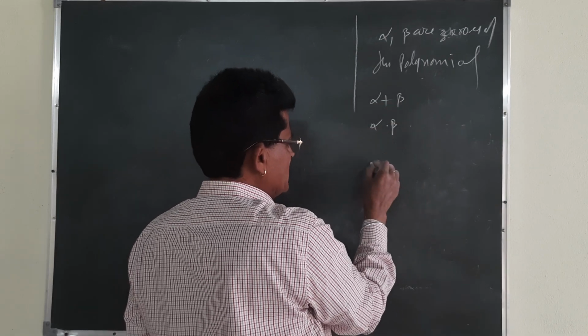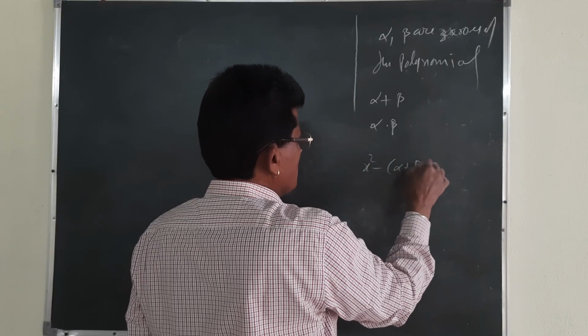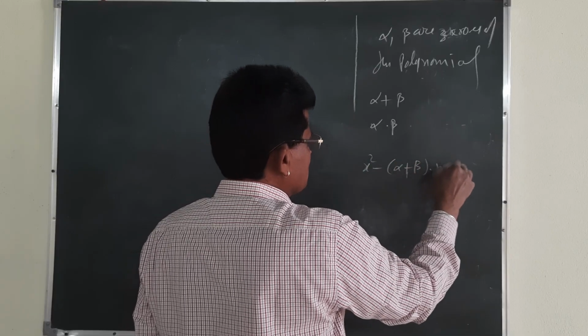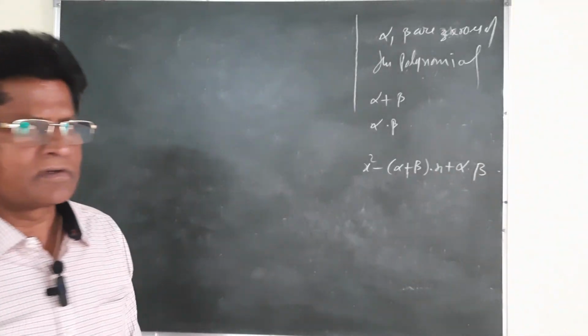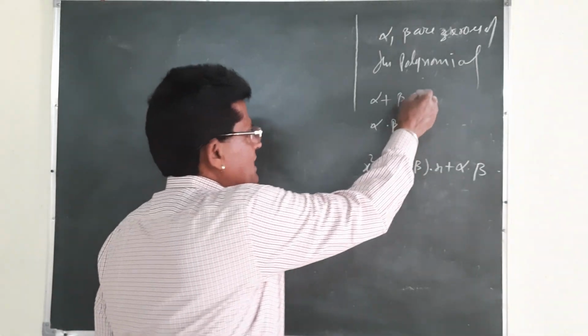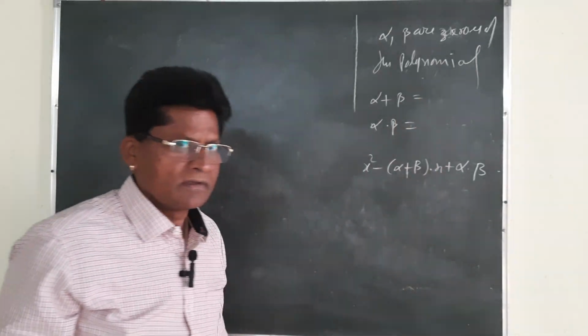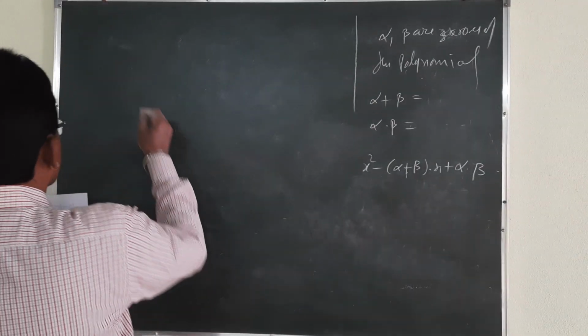What will be the quadratic polynomial? x square minus sum of the zeros into x plus product of the zeros. Nothing else. If the sum of the zeros and the product of the zeros are given, it will be formed like that. Let me take the question.